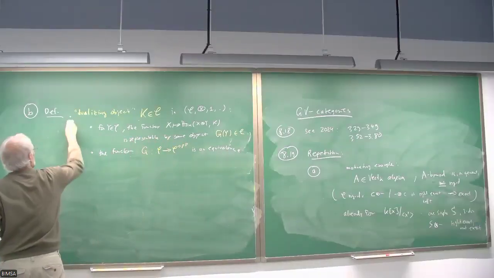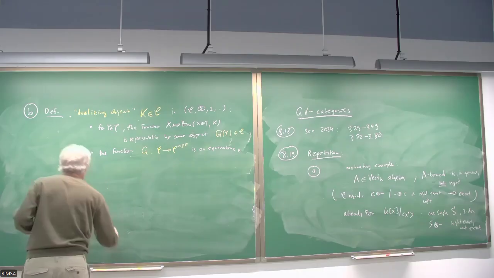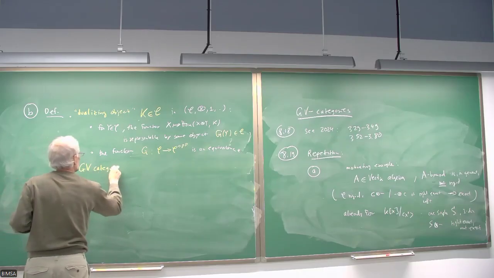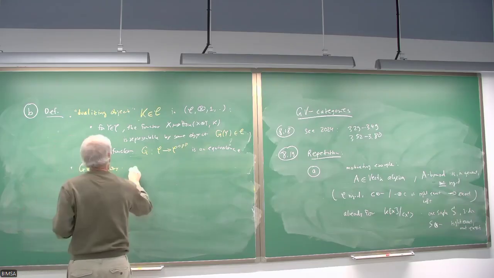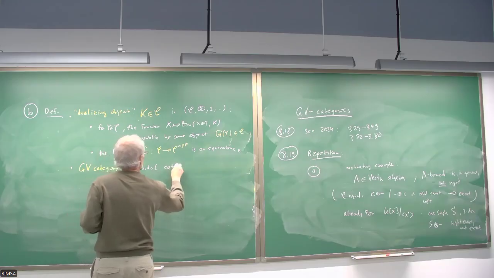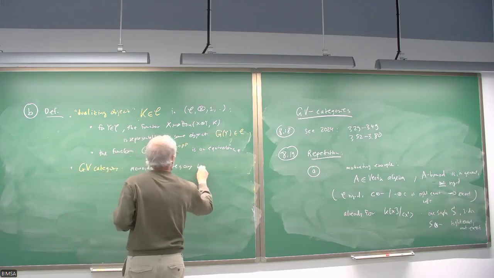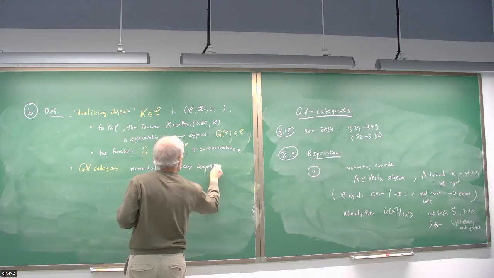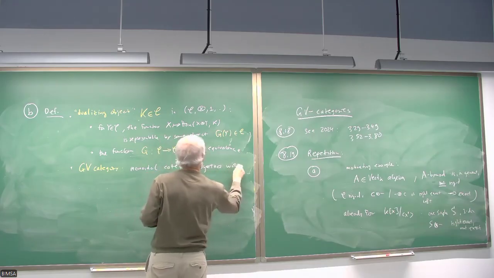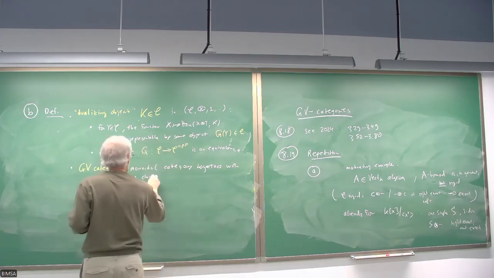And then we say a Grothendieck-Verdier category, or in short GV category, is a monoidal category together with a choice of dualizing object.